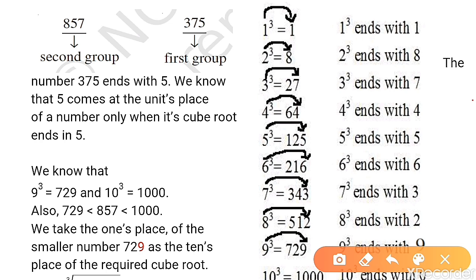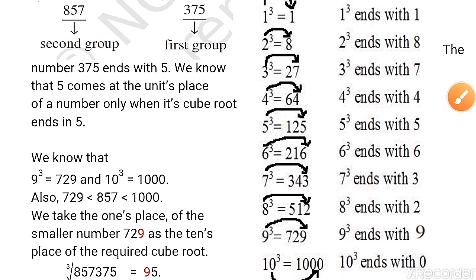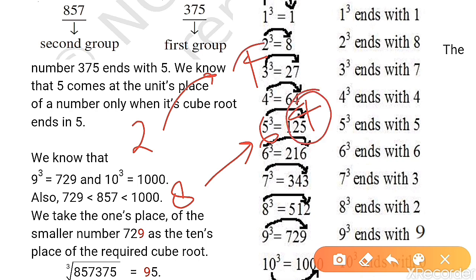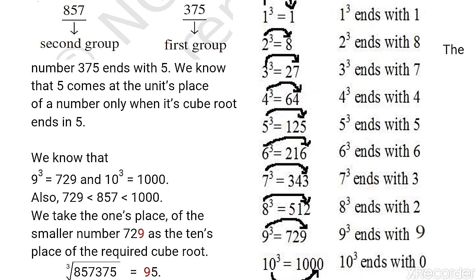For each digit 0, 1, 2, 3, 4, 5, 6, 7, 8 and 9 there is a different corresponding digit, unlike squares. For squares, 2 square ends with 4 and 8 square is 64, which also ends with 4, but that is not true here. So 5 cube ends with 5.